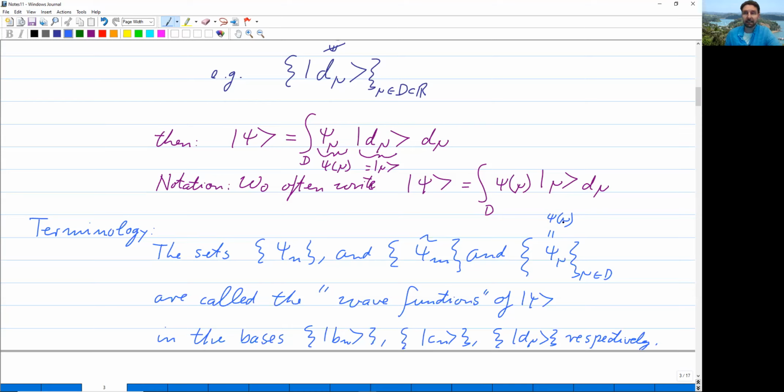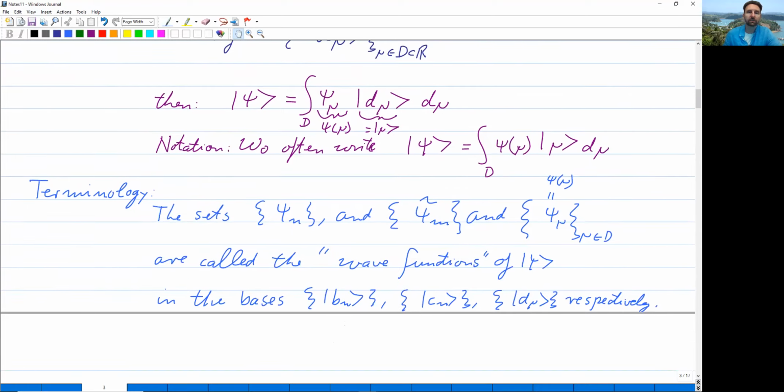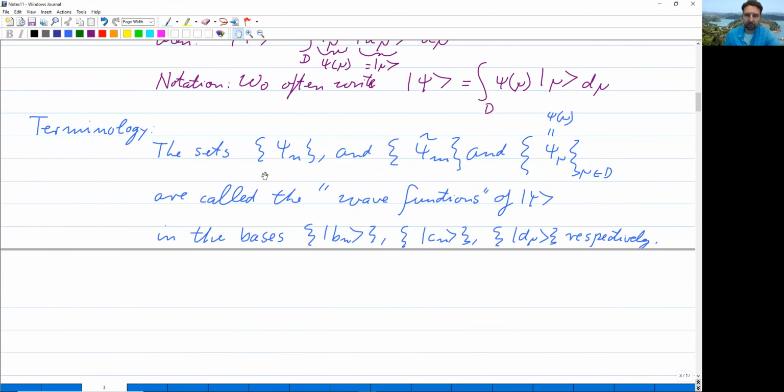But since it assigns to every mu a psi, we can call it a function, a wave function. But the basis doesn't have to be continuous for this name. We can also call the psi tilde m, which maps every m into a complex number, a function. It's just mapping a discrete set into numbers. And that's a wave function as well. So wave functions can be defined on a continuum, but wave functions can also be defined on a discrete set of points.